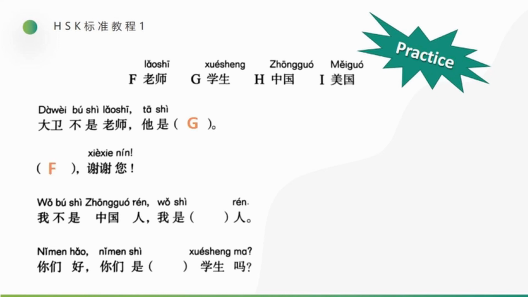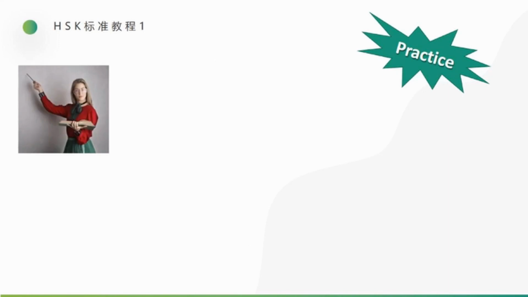Good. 老师，谢谢您。Okay, next. 我不是中国人，我是美国人。Okay, last one. 你们好，你们是中国学生吗？H, 很好。中国人 Chinese people, 中国学生 Chinese students. 你们是中国学生吗？好，Let's look at this picture.